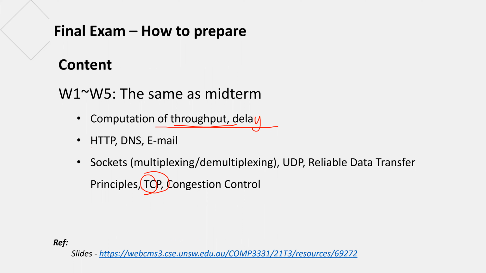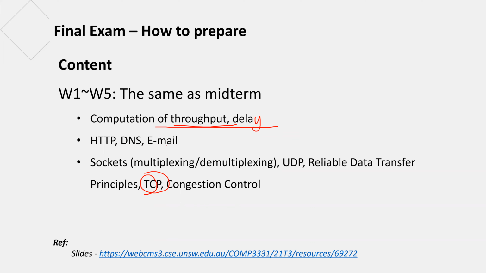They may give you an HTTP request or response, or both, and ask you something about the header or status code, or the methods. Just go through the HTTP content. Should be easy. And for DNS, it's always related to the types of DNS, so it's also very easy.